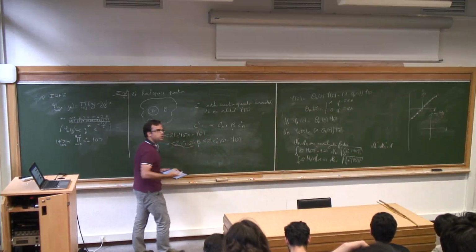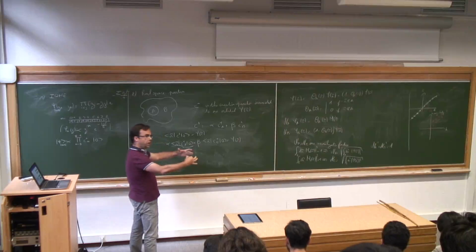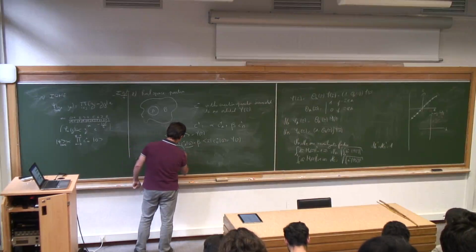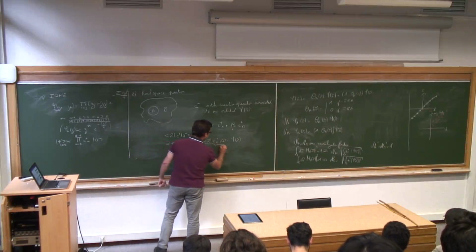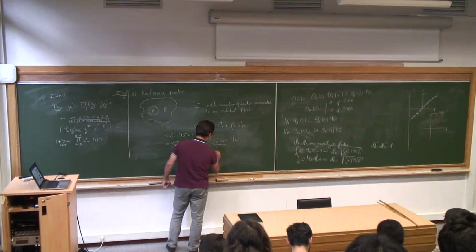This is by definition the wave function of my system, but restricted to A, so this is phi A of r. Same story here. That's the wave function restricted to B, so this is phi B.